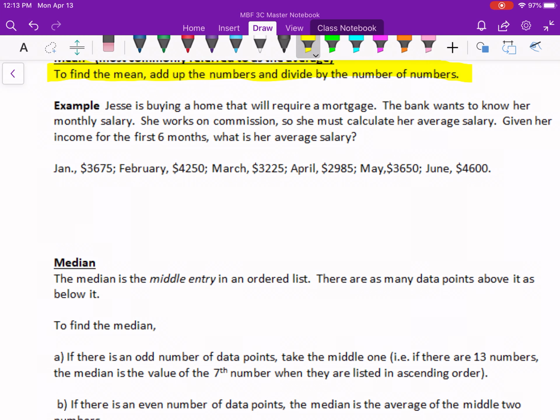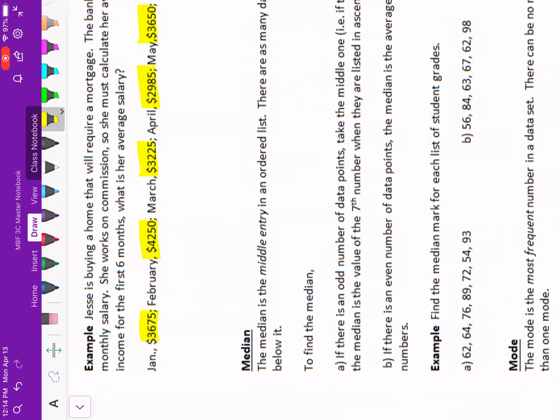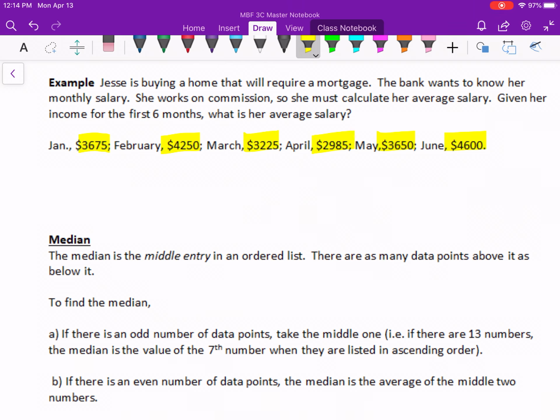Well, so here are the 6 different monthly earnings that she got. So, since there's 6 months here, we're going to add these all up. Sometimes we use a variable like x with a line over top of it. I'll call that x bar as a short form way of writing mean. And again, mean is just the average.